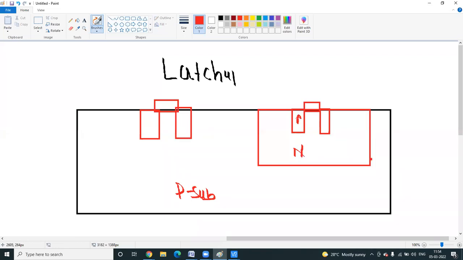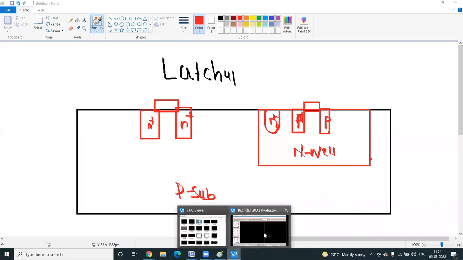This is a P channel MOS, meaning P plus here, N well. So your body is N plus, but in layout it is called an N tap. So a PMOS will take an N tap.